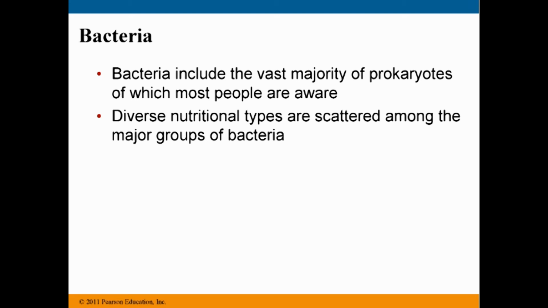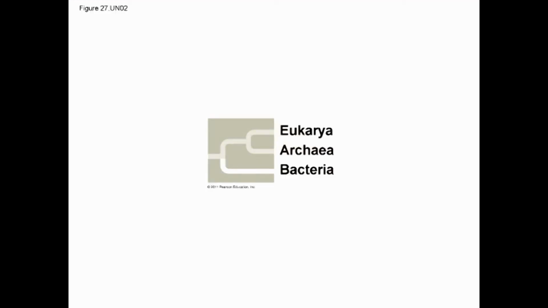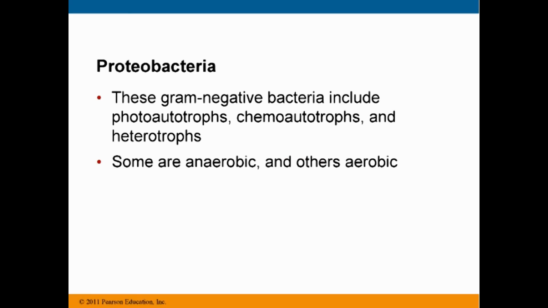We're done. So moving on to the domain Bacteria. This is most of the prokaryotes. There are very diverse nutritional types in the groups of bacteria, so we've seen that before. Okay, are you guys ready? We're going to go. Again, the domain Bacteria is set up in a different way than our kingdom, phylum, and so on and so forth.